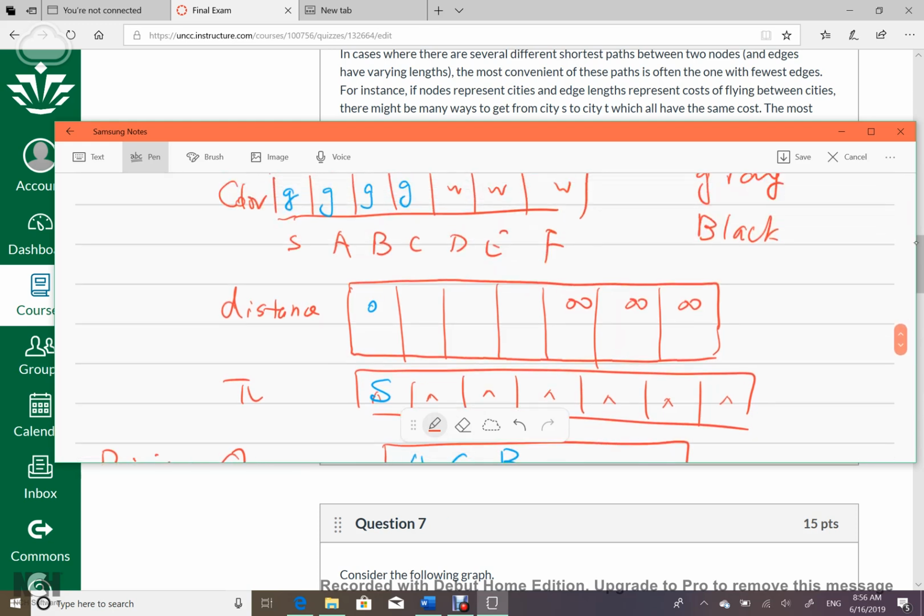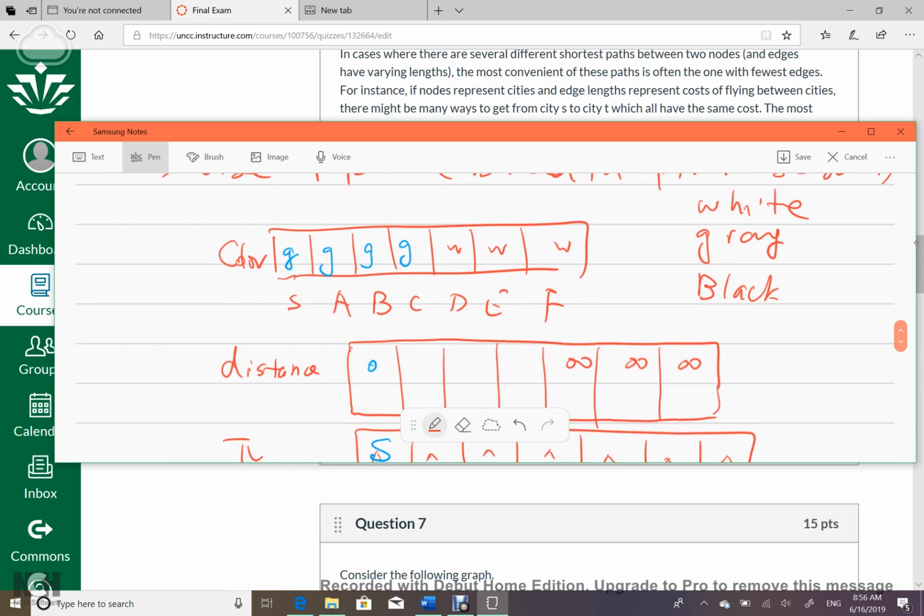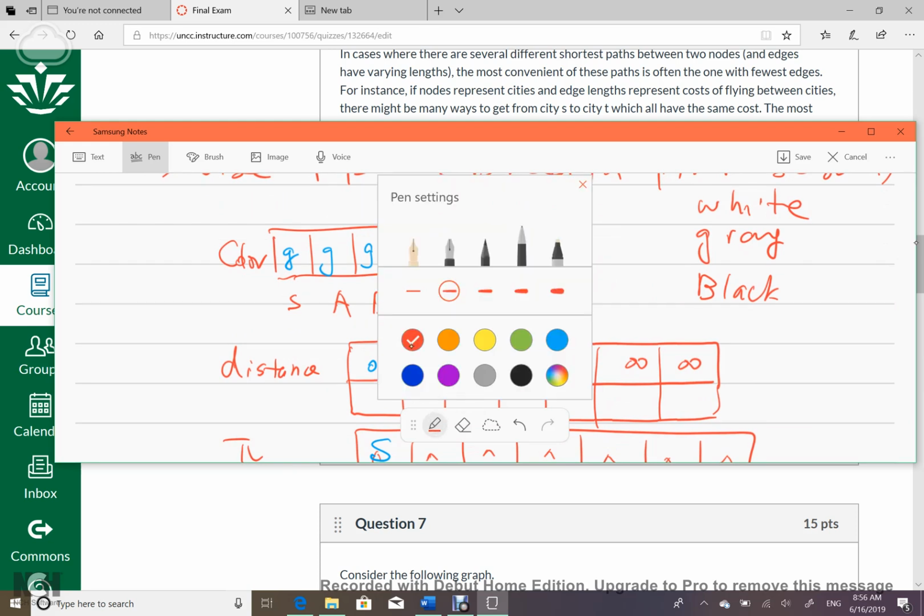The reason is we need to consider the number of edges, right? So definitely we need to have two. These are two distances.